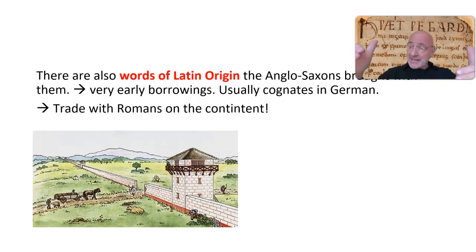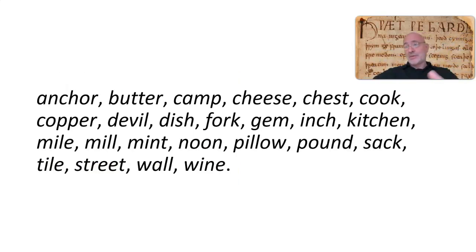And once again, loads of Latin words. If you want to know whether these Latin words are very old, well, just find out whether they have a corresponding word in German. If we have, you see, they must have been borrowed when the Anglo-Saxons were still in Germany.